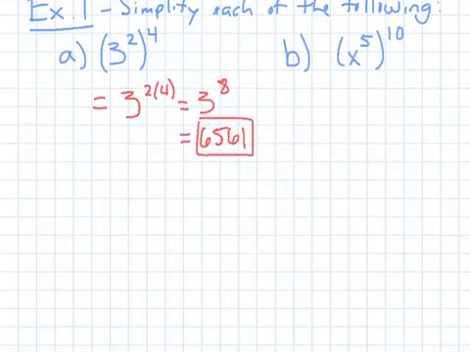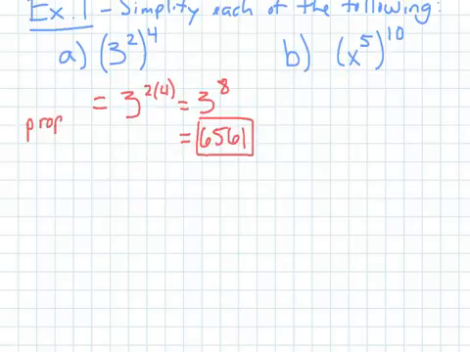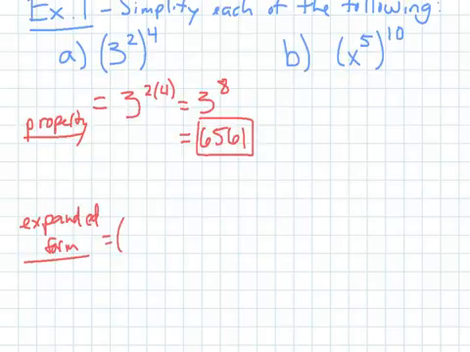Now the expanded form for that, if I'm using the expanded one, means that I'm writing each of those out, because remember the power of 4 tells me that there's 4 3 squareds. Just like if I say 3 squared, that means there's 2 3's that are multiplied to each other.